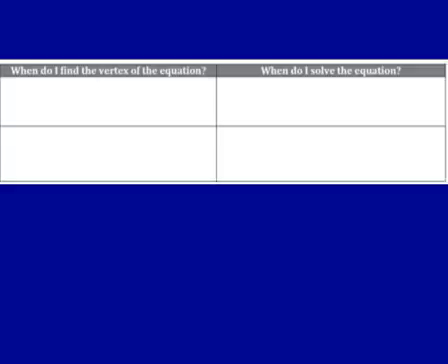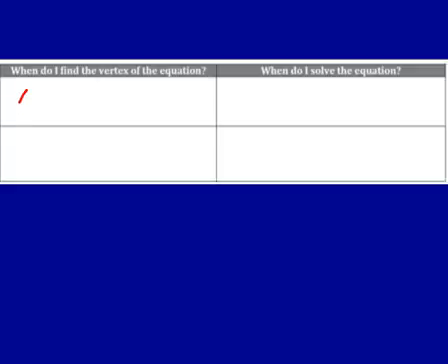So when do I find the vertex of the equation? If you haven't had this for a trimester, then this is not as simple as it looks. This is something you have to try to remember from, for lack of better words, 3 months ago.